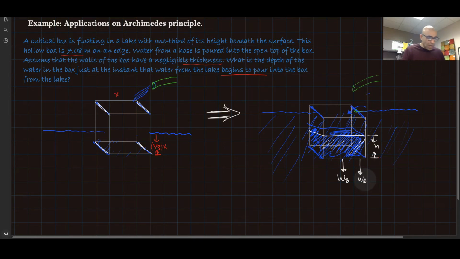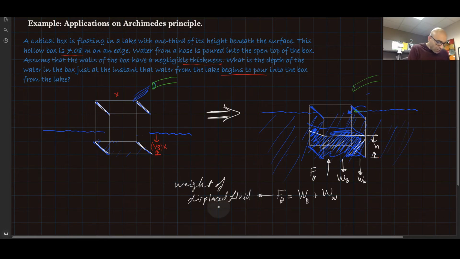What's pushing the box up is the buoyant force coming from Archimedes' principle. We know that the buoyant force, FB, must be equal to W, the weight of the box, plus the weight of the water. The buoyant force is equal to the weight of the displaced fluid.